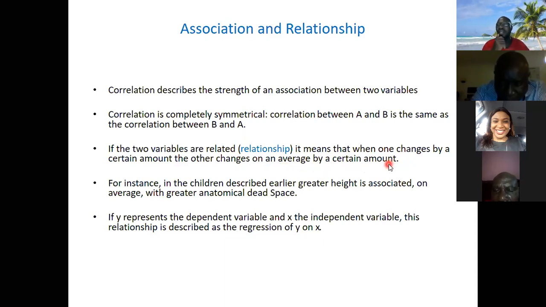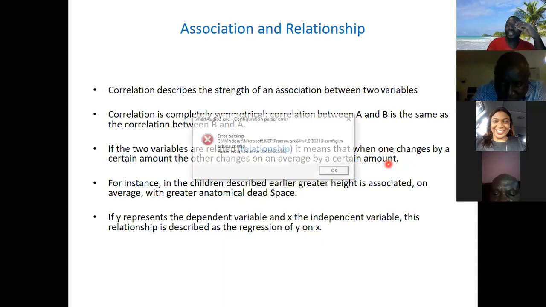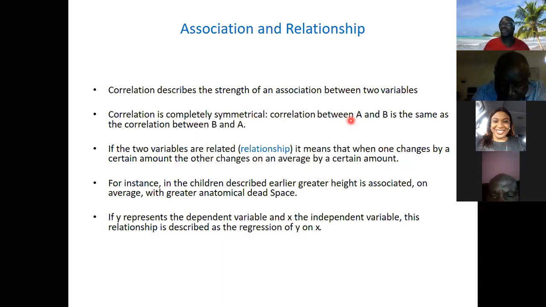Whenever there's a relationship, each party has a defined role. When we talk of regression, we're going to realize that one depends on the other. You can predict the value of one from the other.